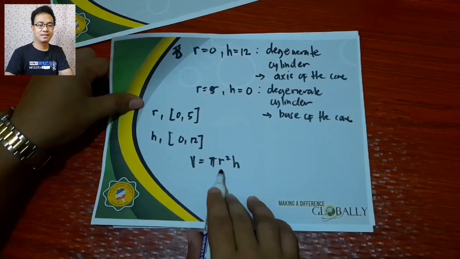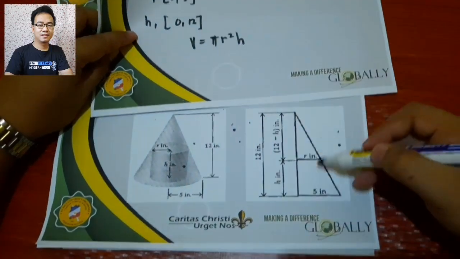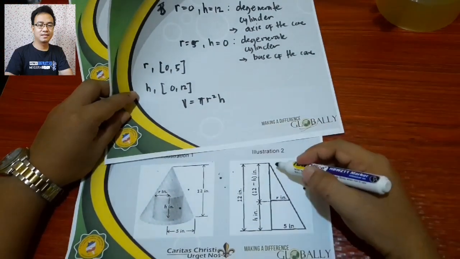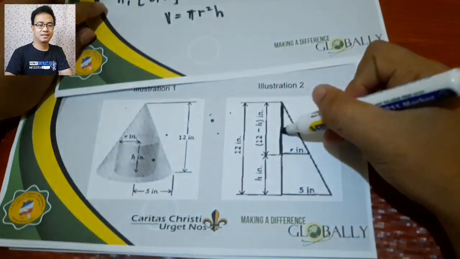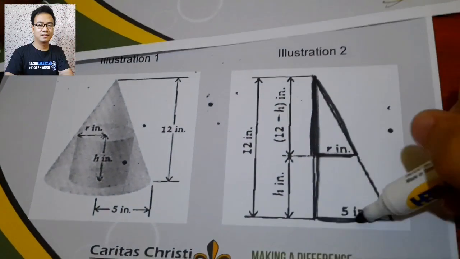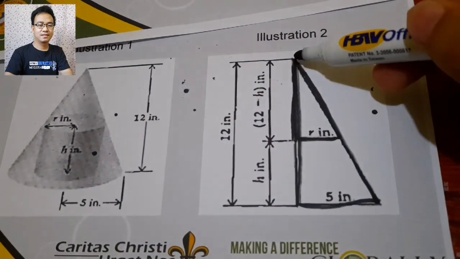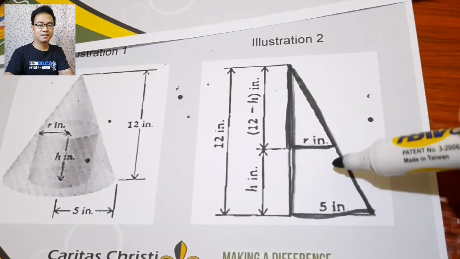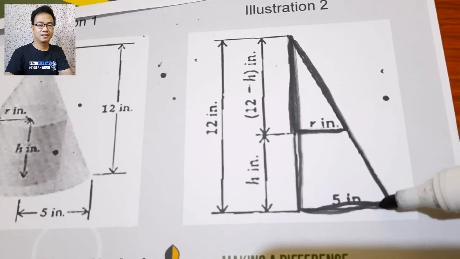Now going back to our illustration, using ratio and proportion, and using the relationship between this triangle, yung maliit, and the bigger triangle, this one, okay? This side corresponds to this side of the bigger triangle, and this one, the radius, corresponds to this side of the triangle, which is the radius of the cone.